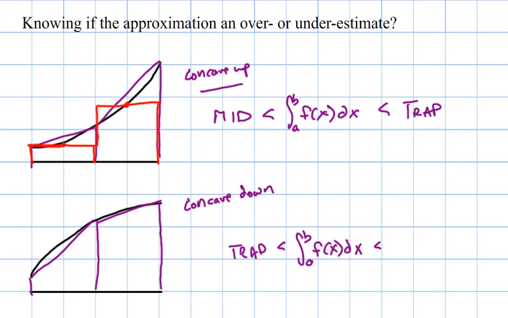And then let's see what happens with our midpoint. Now we are increasing at a decreasing rate, which means when I find this midpoint, I'm more than halfway up. And so you can see that this is actually going to be an overestimate. Same thing here. If I take my midpoint, you can see that I am overestimating that.